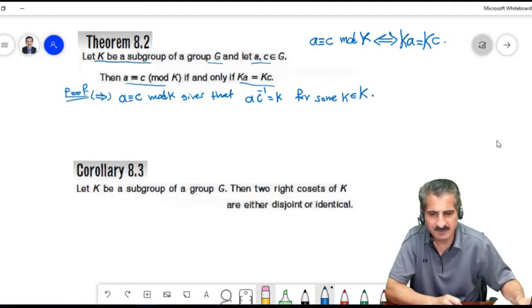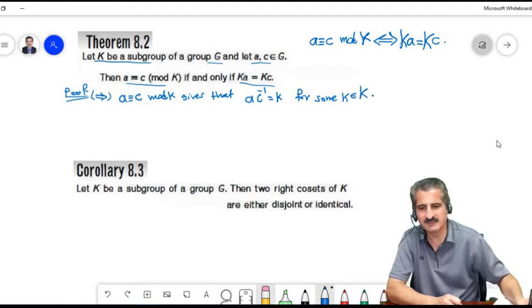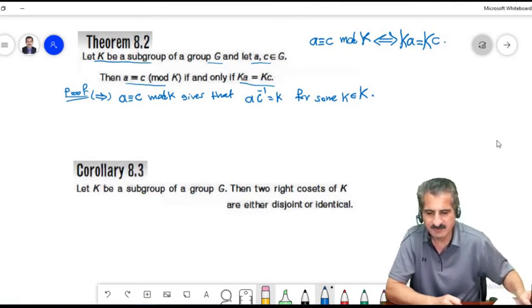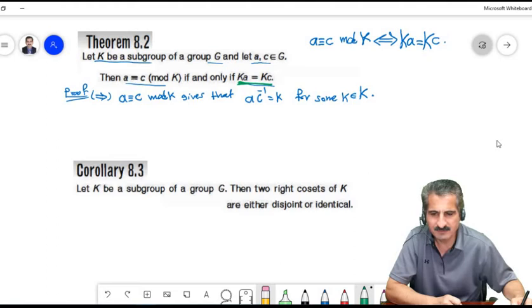Remember, for this direction we want to prove Ka equals Kc. So every element in Ka is an element in Kc.